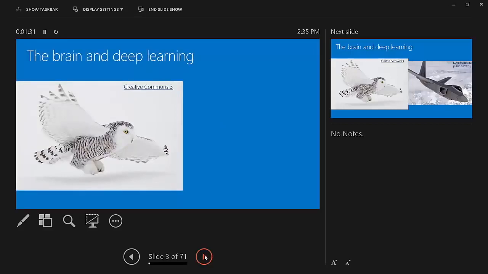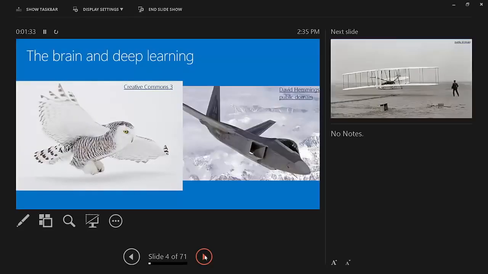So if this is our brain, this is deep learning. An owl can fly, a fighter jet can fly, but there are a whole lot of things that an owl can do, and arguably it's a much more complex thing. Although what the fighter jet does, it does really, really well. So deep learning is the fighter jet.